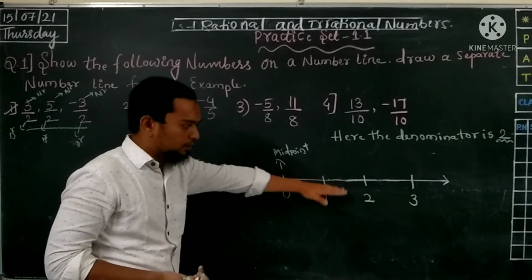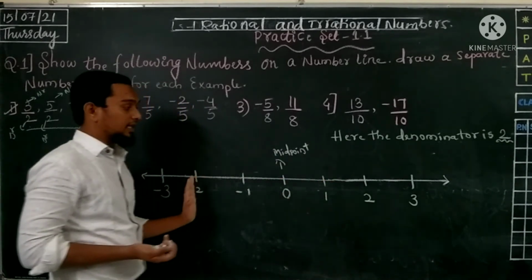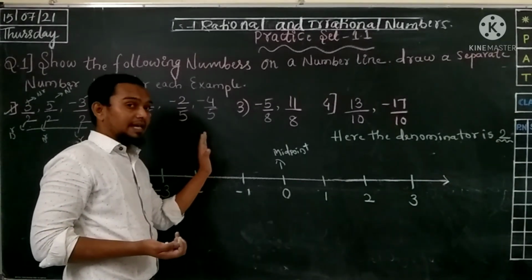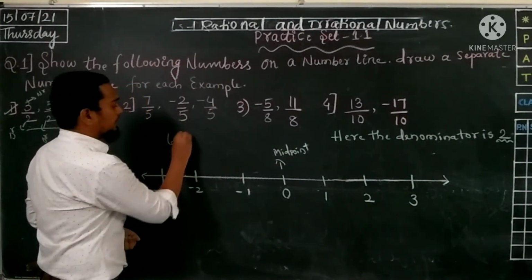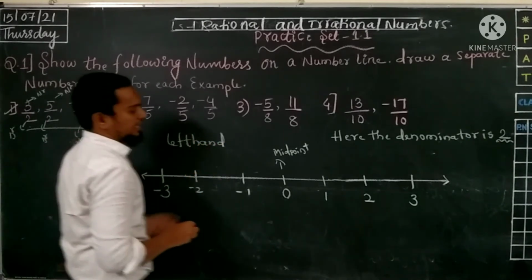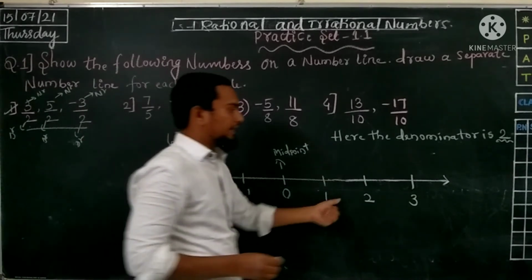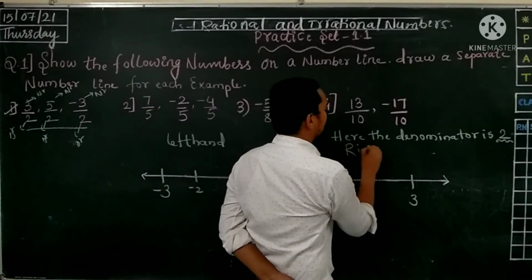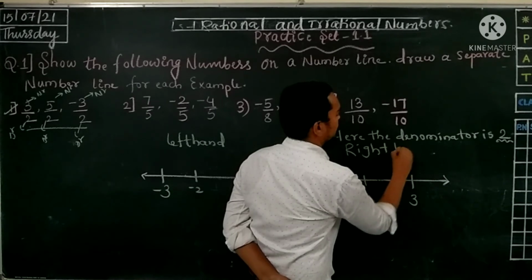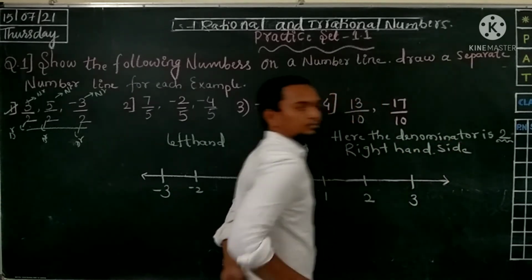This is the left hand side. The left hand side is always negative and the right hand side is always positive.